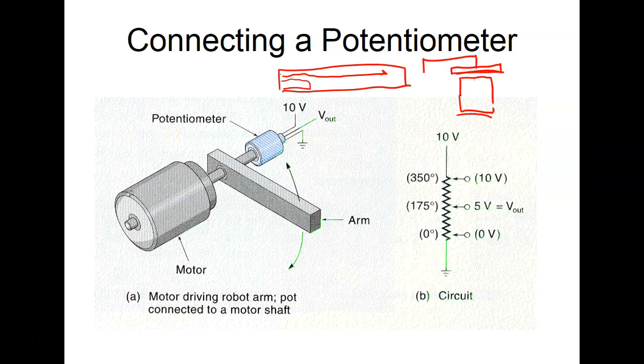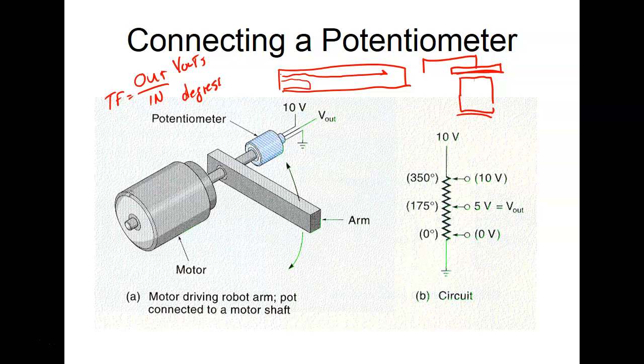Before this voltage means something, we have to come up with something called a transfer function. And transfer functions are usually set on what you get out and what you put in. So on this one, we're going to get volts out, and of course, we're going to use this to measure degrees, right? We're going to use this to measure position.